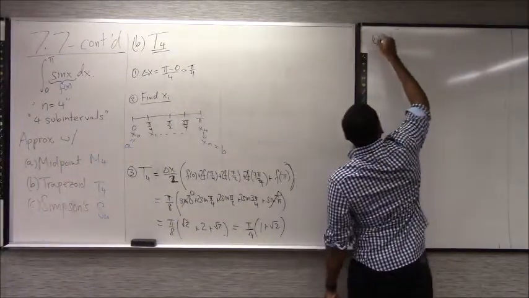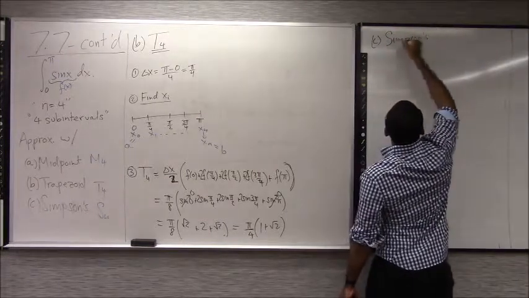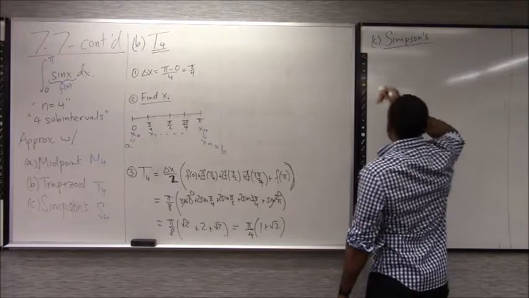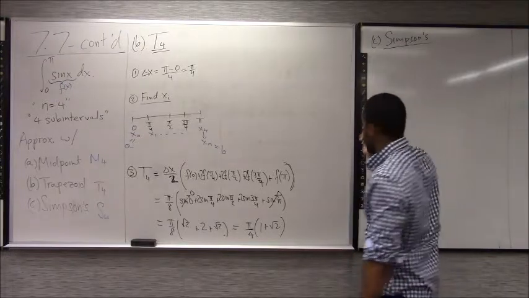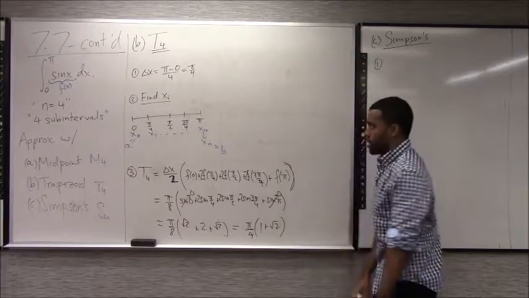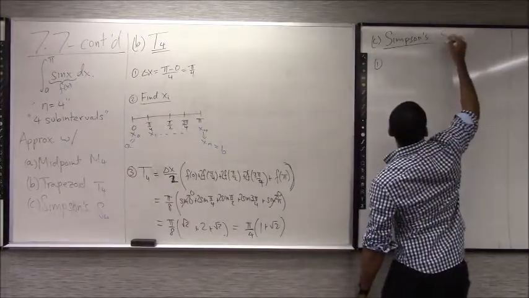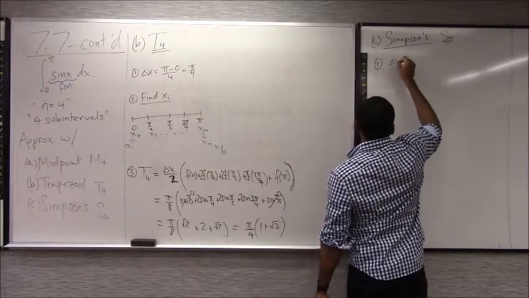Let's do C, Simpson's. Now this one is kind of weird because you have an alternating 4 and 2 in the formula, but that kind of comes from the polynomial interpolation. You start the same way, so let's just go through the motions again. We're going to find S4. First thing you do is find your delta x.